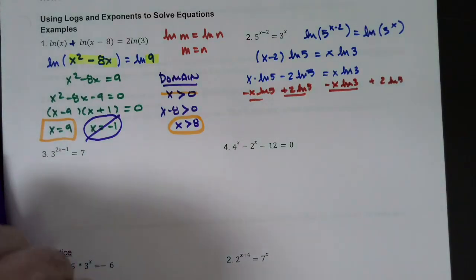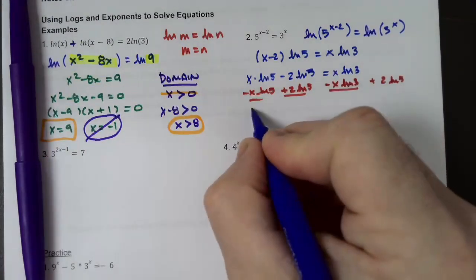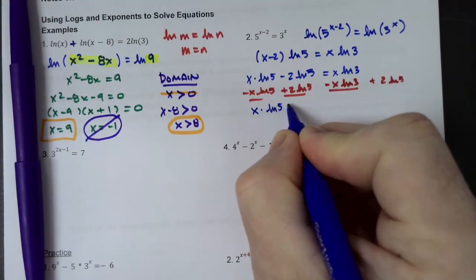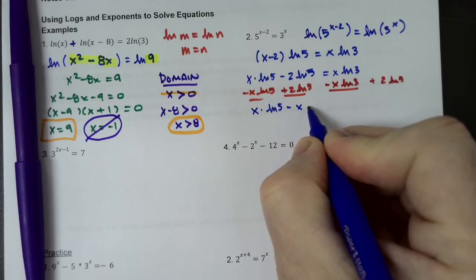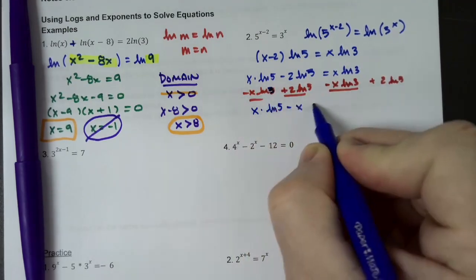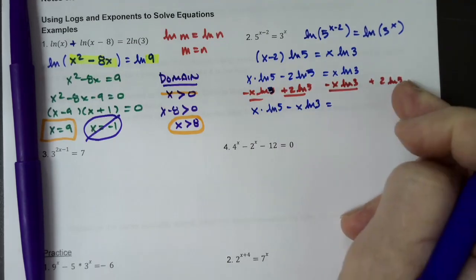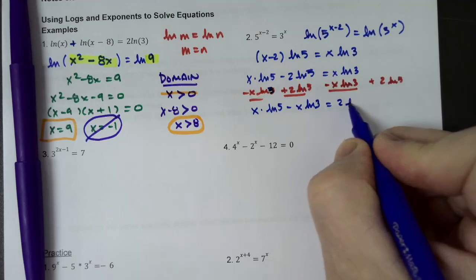What are we going to be left with? Well, this will be x times the natural log of 5 minus x times, oops, that should be a 3 in there, I think, the natural log of 3 equals, on the other side over here, 2 times the natural log of 5.